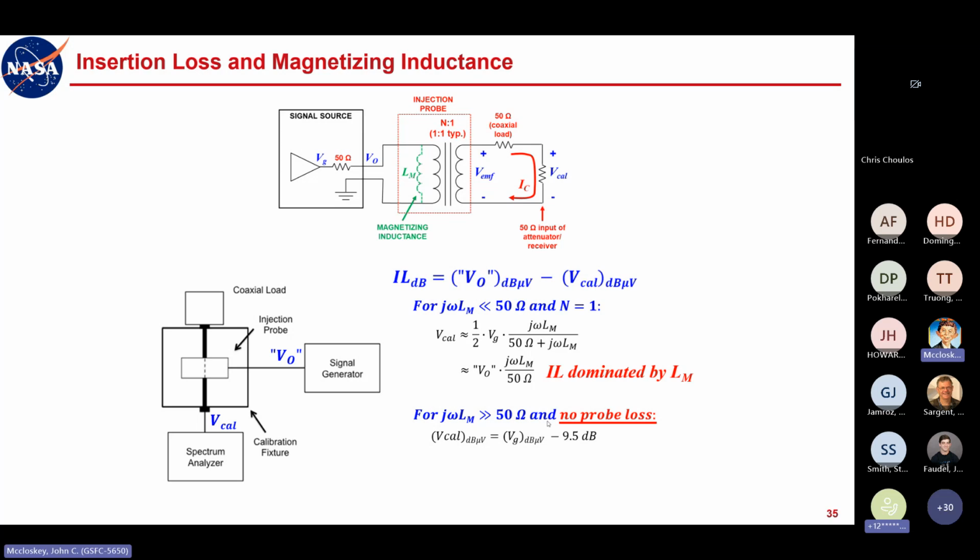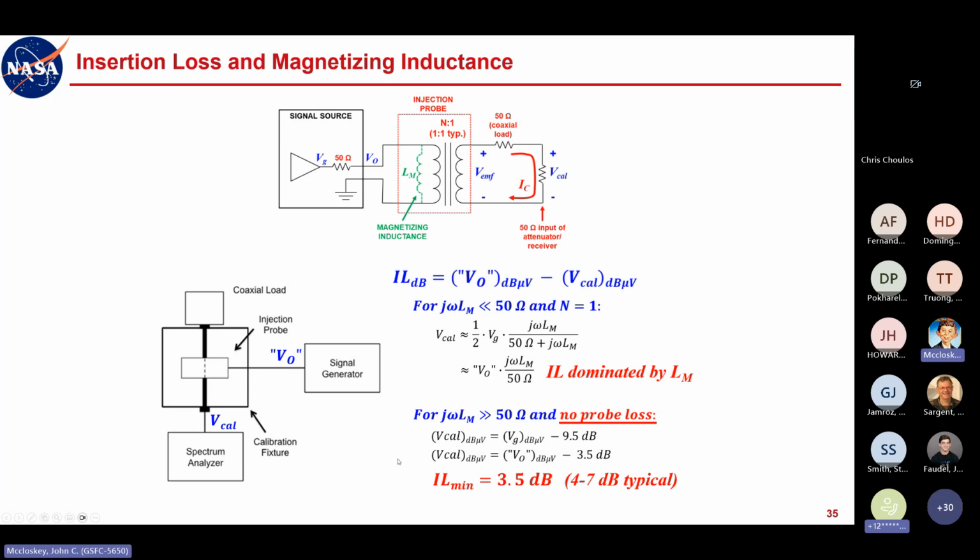Okay, so if we relate that back to VO, the way insertion loss is defined, VO is VG minus 6 dB. So this just means that VCal in dB microvolts is the displayed value of VO minus 3.5 dB. That means the minimum insertion loss, the way it's defined here, even if there's no physical loss in the probe, is 3.5 dB.